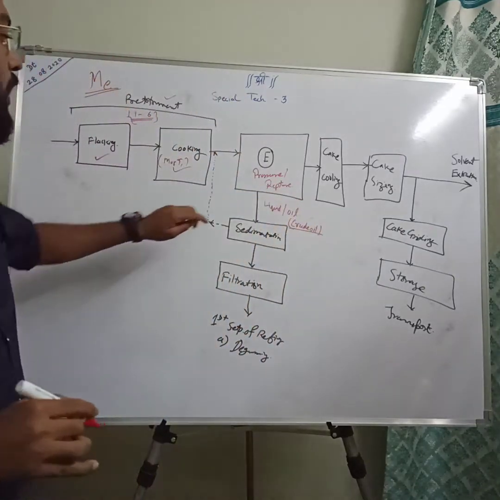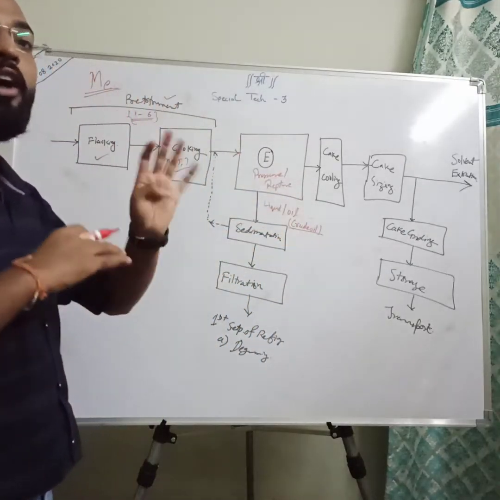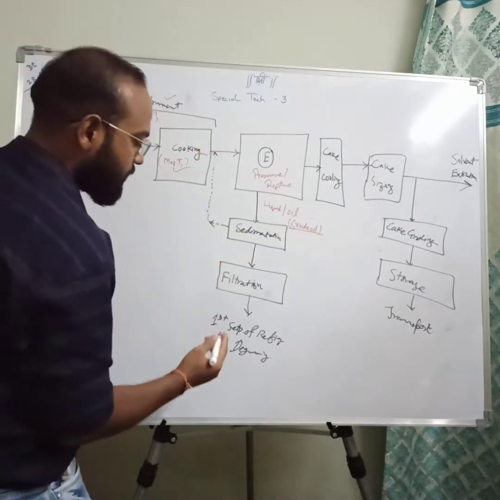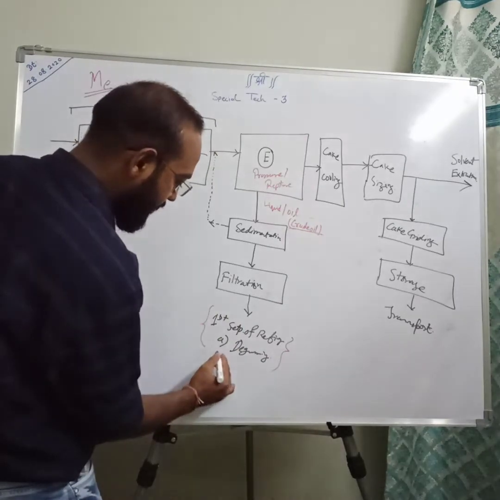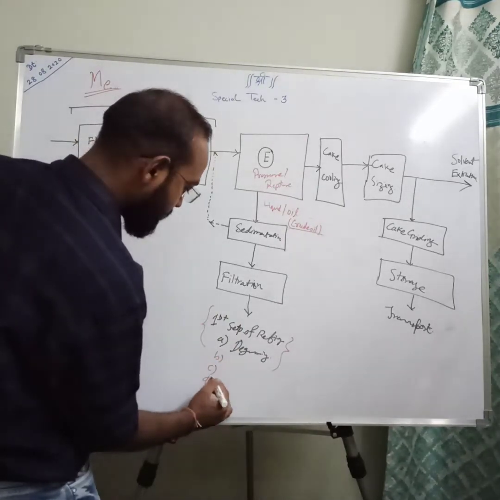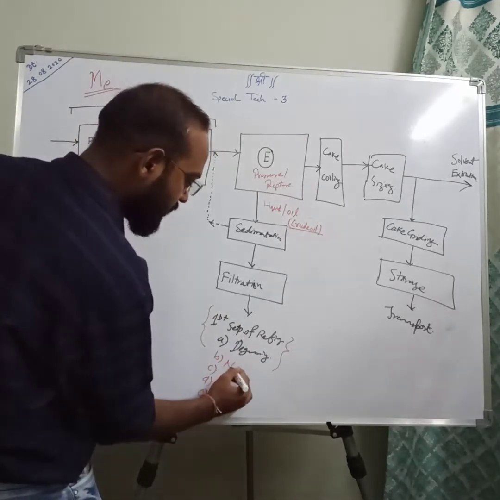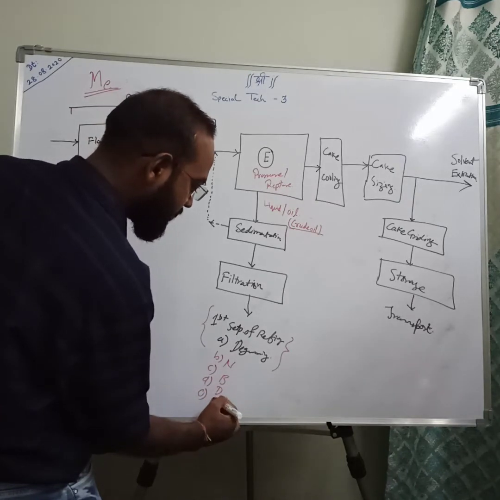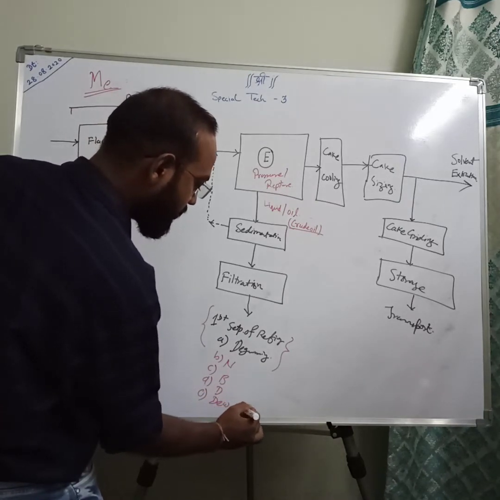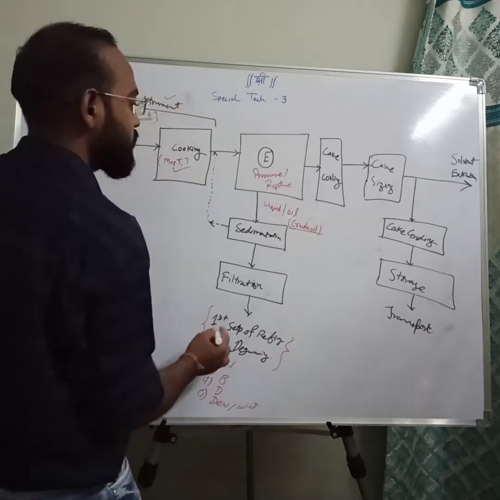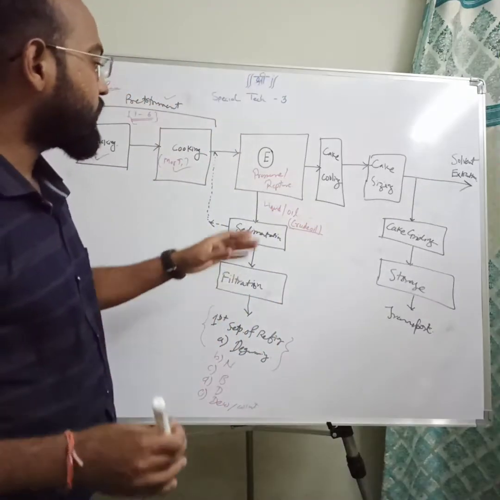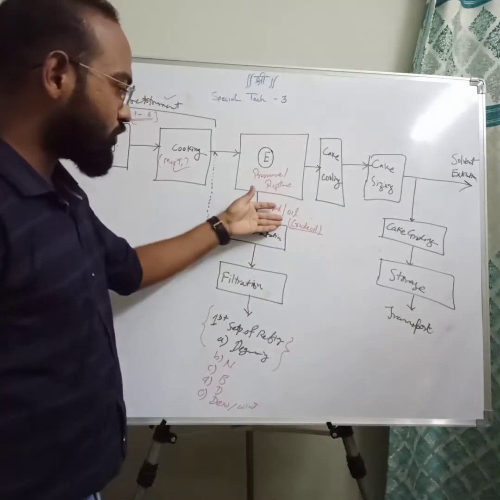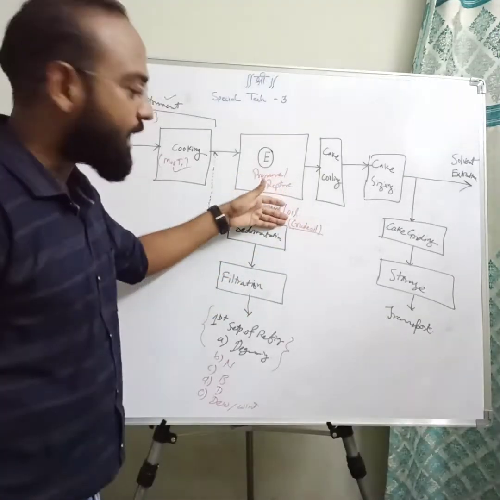This crude oil is a mixture of various types of byproducts which will be separated during the refining process. Refining is mainly carried out in 5 stages: degumming, neutralization, bleaching, deodorization, and dewaxing or winterization. So this crude oil is a mixture of soluble and insoluble solids, such as phospholipids, proteins, carbohydrates.